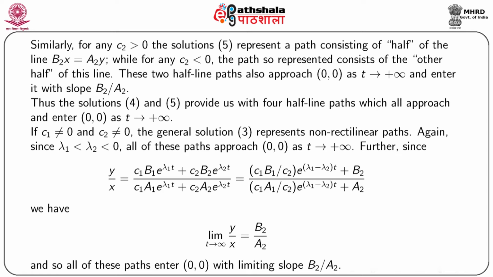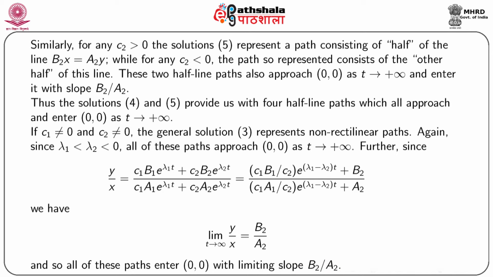This term also tends to 0 as t tends to plus infinity, and hence we will have limit t tends to plus infinity y by x is equal to b2 by a2. And so, by definition, these paths will enter (0,0) with a limiting slope b2 by a2.